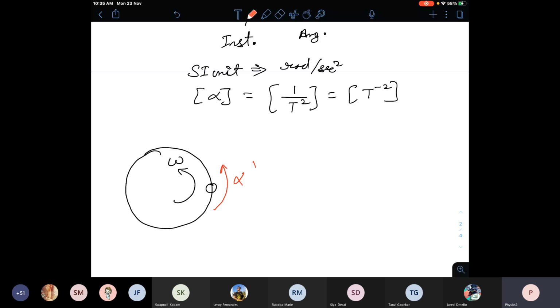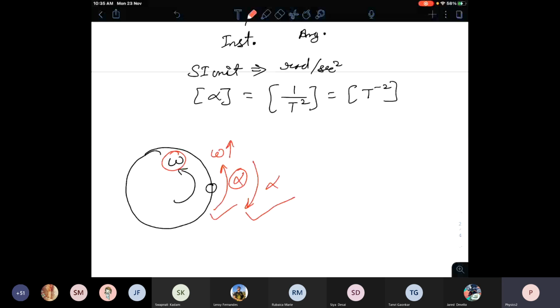If it is speeding up, that is, if omega is increasing, then alpha and omega will be in the same direction. Simple logic: if your velocity is increasing, your acceleration and velocity are in the same direction. Same logic as linear.